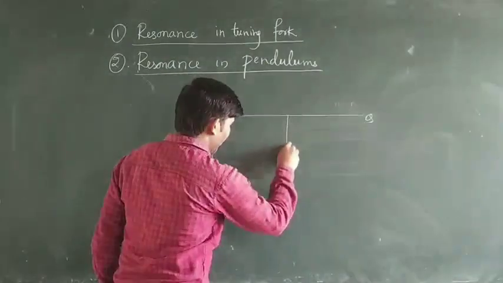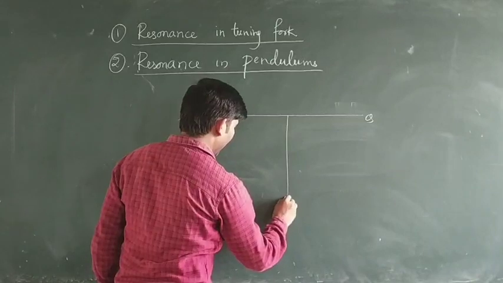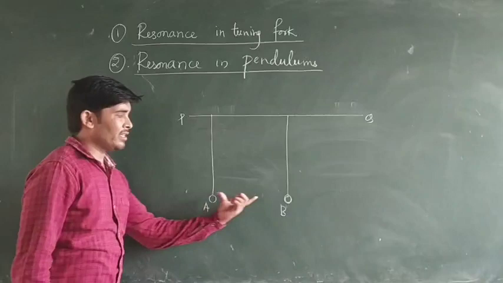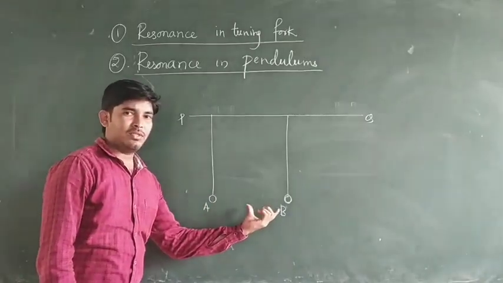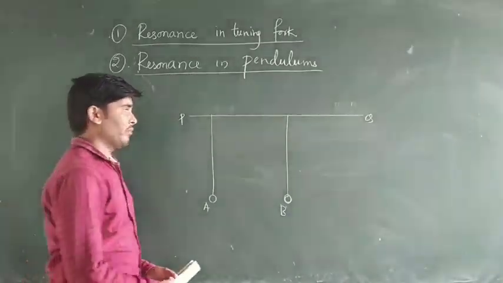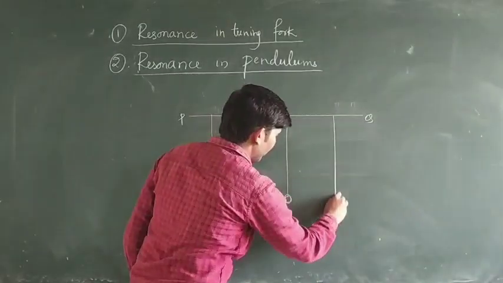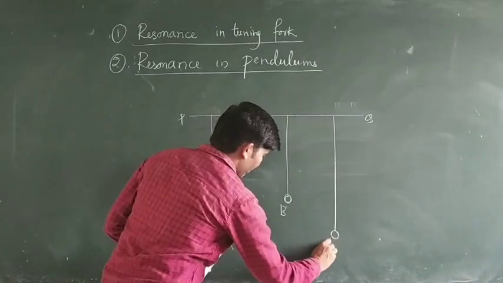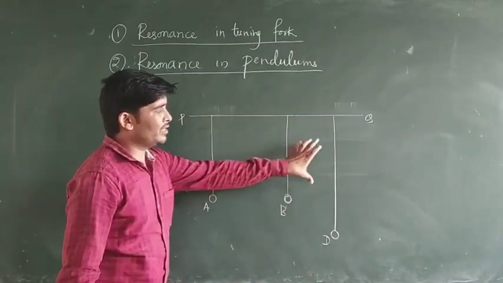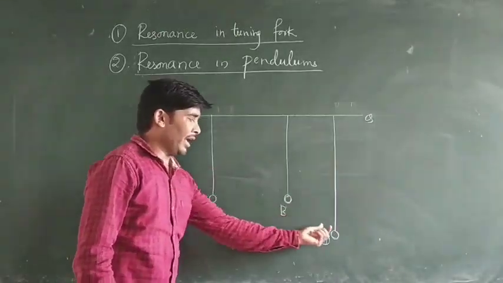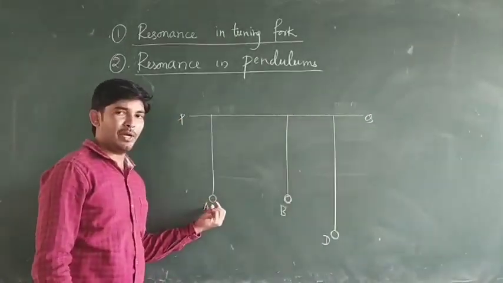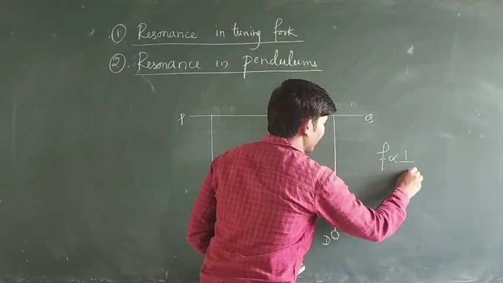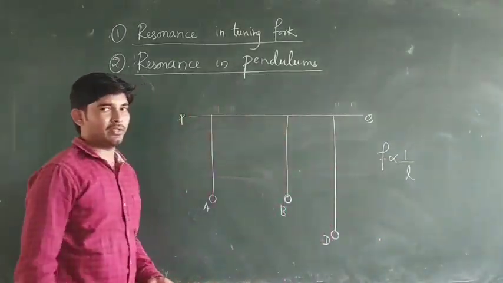In that, pendulums A and B are of the same length, which means they have the same natural frequencies. Pendulum D is longer than pendulum A or B, so its natural frequency is obviously less, because the frequency of a simple pendulum is inversely proportional to its length.